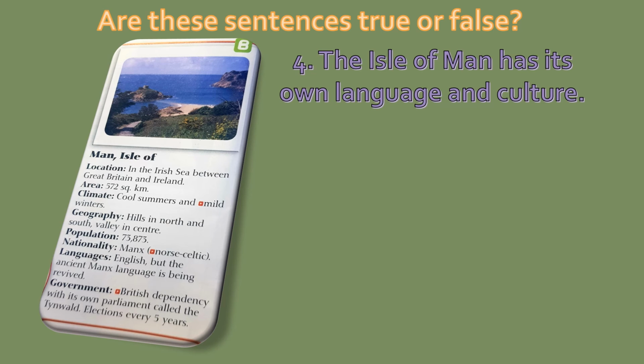Is it true or false? Read text B again. Of course, English is the main language, but we can see that ancient Manx language is being revived, so this sentence is true. By the way, they have their own parliament and elections every 5 years.